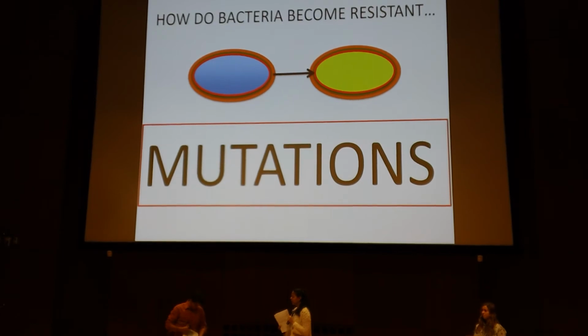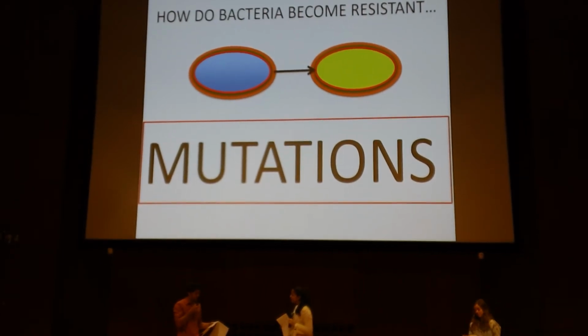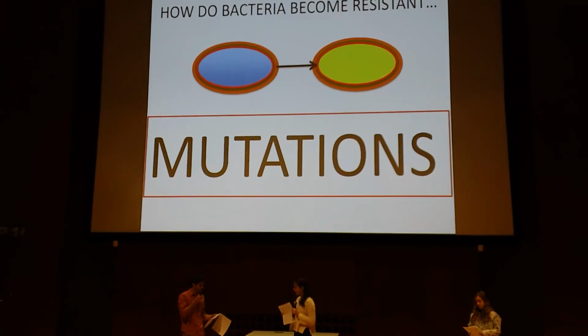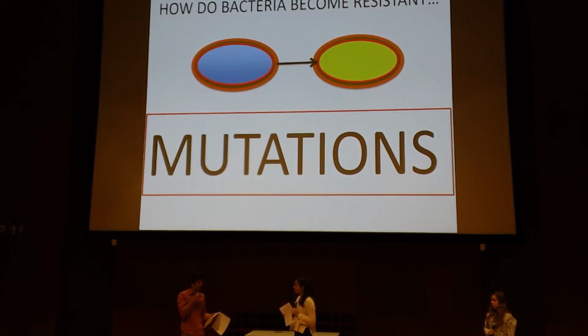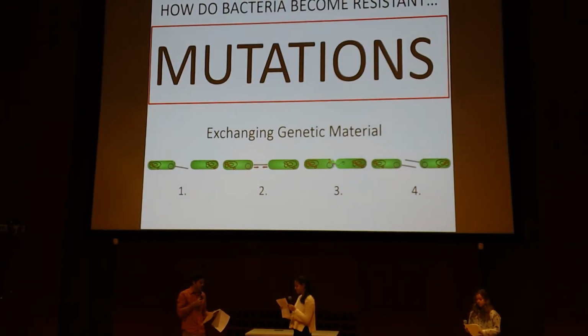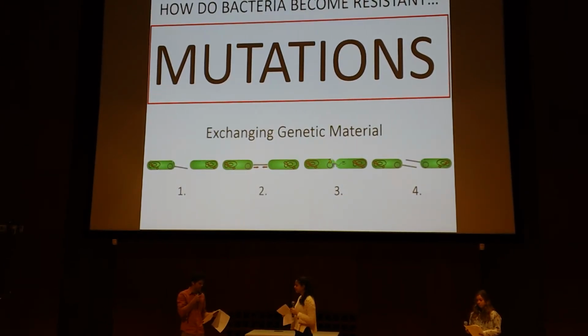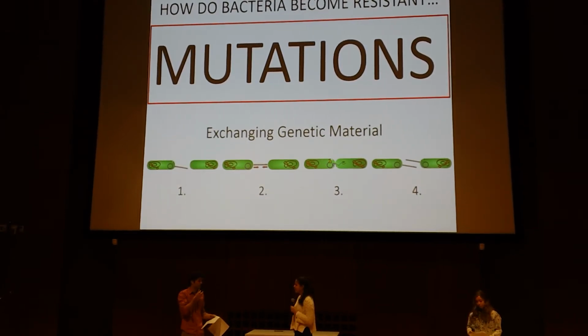Well, when you take antibiotics, the sensitive bacteria are killed, but the resistant ones are left to grow and multiply. Therefore, antibiotic resistance spreads when new generations inherit the antibiotic-resistant genes, or when bacteria share or exchange sections of material with other bacteria. So basically, when you stop taking your antibiotics, the resistant germs pass on the resistant genes to the new generation, and now you have even more resistant bacteria.